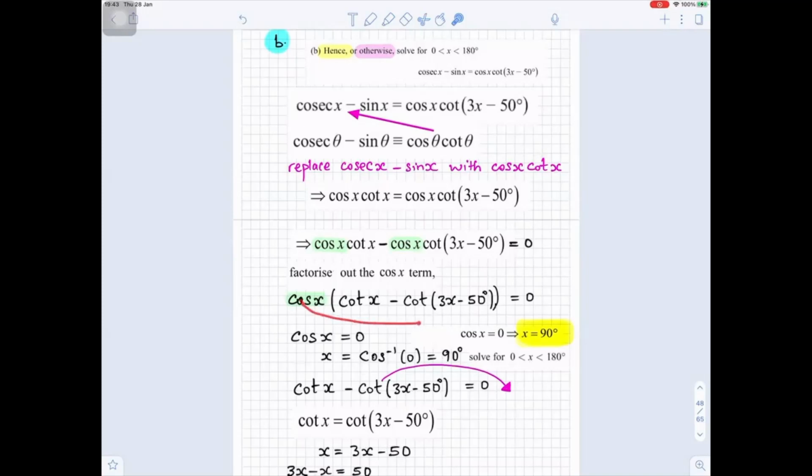So either cos x equals 0, and that means x is inverse cosine of 0, which is 90 degrees, or cot x minus cot 3x minus 50 equals 0. If we take cot 3x minus 50 to the right side, it becomes plus. So it's cot x equals cot 3x minus 50.